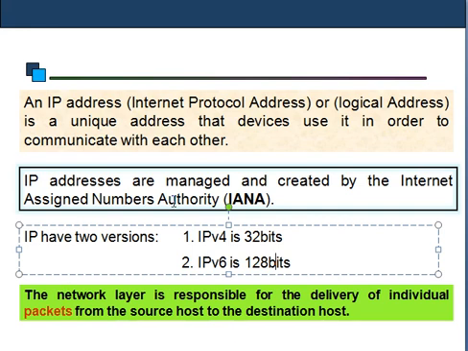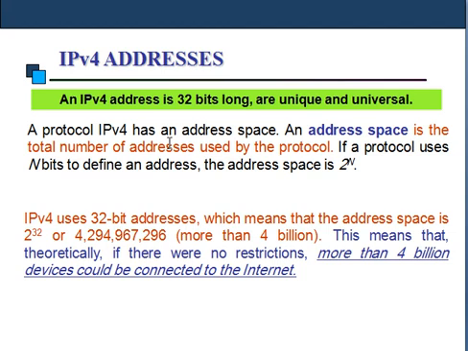Who is responsible for IP addresses? An organization called the Internet Assigned Numbers Authority, which is IANA. It is necessary to know that in IP version 4, since it's 32 bits, we have a problem we call address depletion.